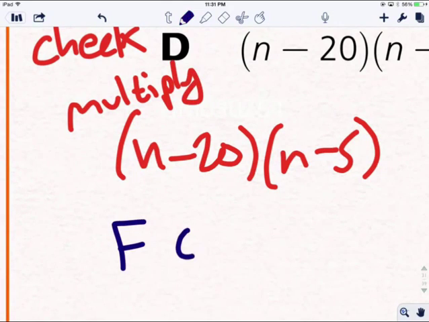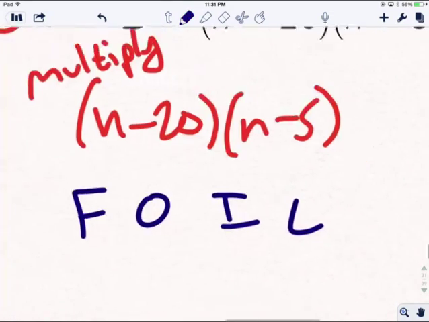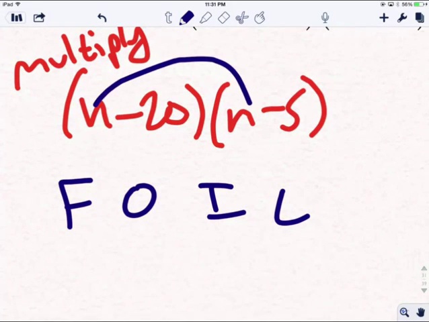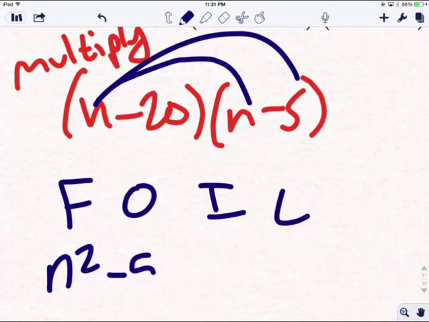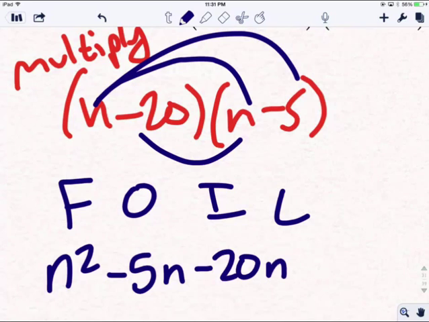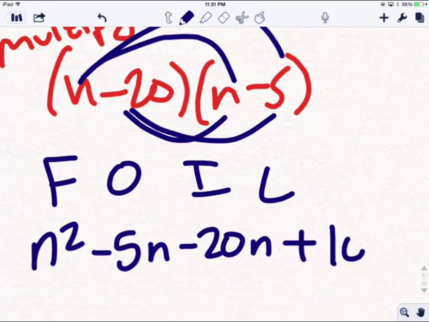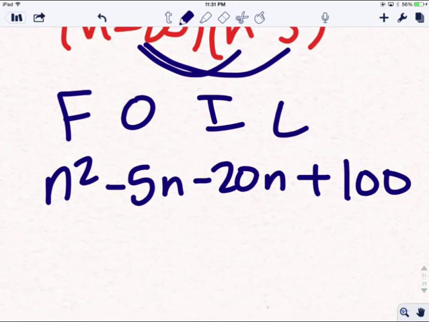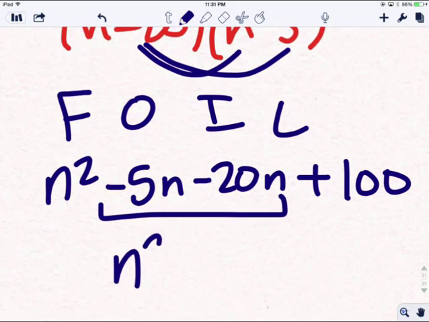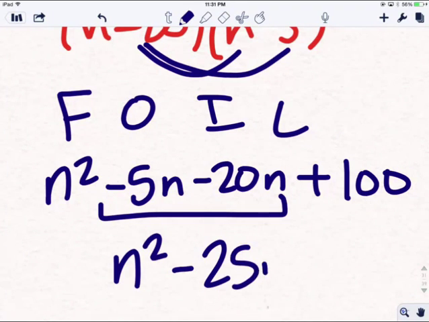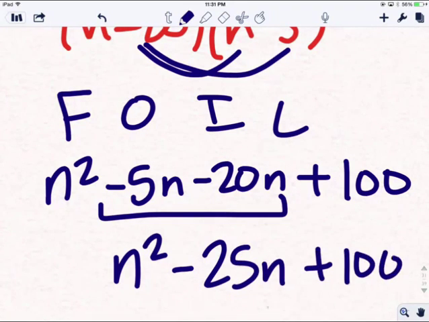So I'm going to use FOIL, which means multiply the first two terms, n squared, multiply the outside terms, negative 5n, multiply the inside terms, negative 20n, and then multiply the last terms, positive 100. Then we simplify the middle two terms, which is n squared minus 25n plus 100.